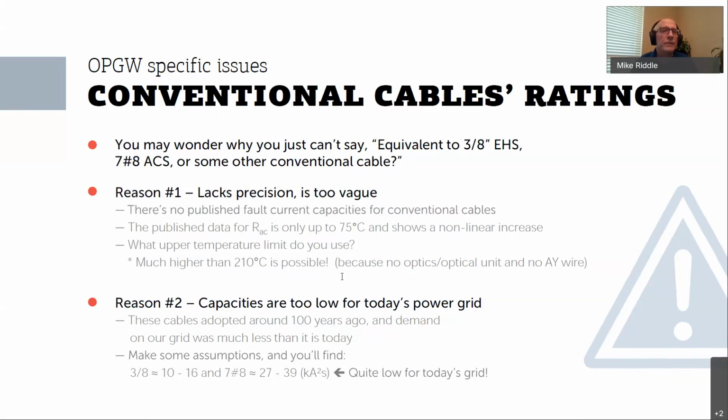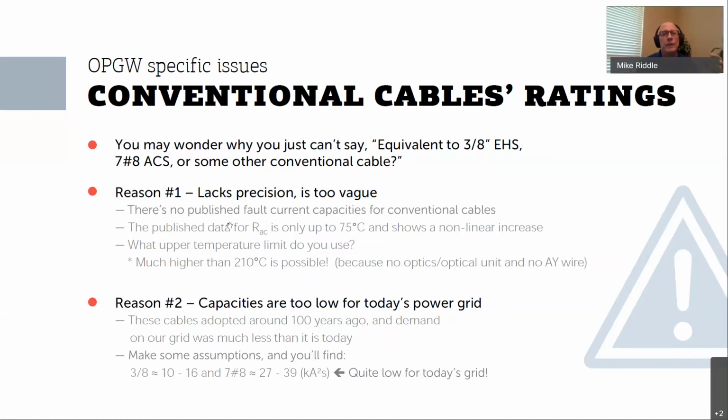In fact, it's difficult to find good published data for the AC resistance, which is another important variable in that calculation. And what upper temperature limit do you use? In these conventional cables, there's no aluminum alloy or optical unit to worry about. So what do you use?